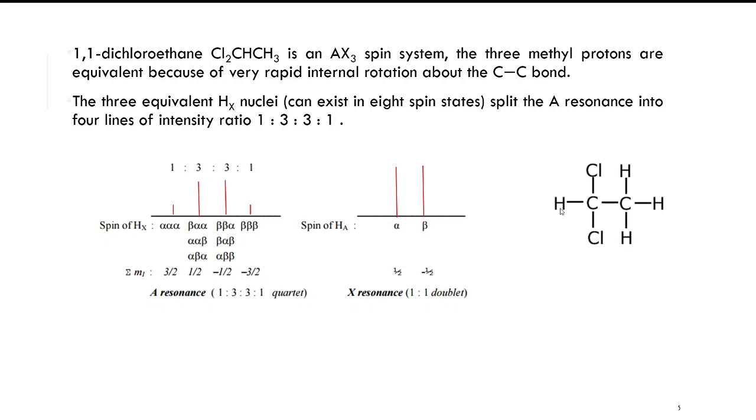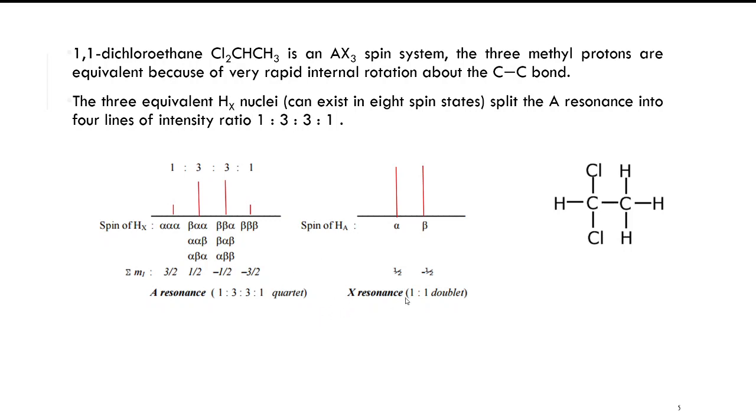So you have one hydrogen neighbor here, so that is why the X resonance is a doublet, based on the spin of this. And usually the labeling is such that the A resonance is shielded.